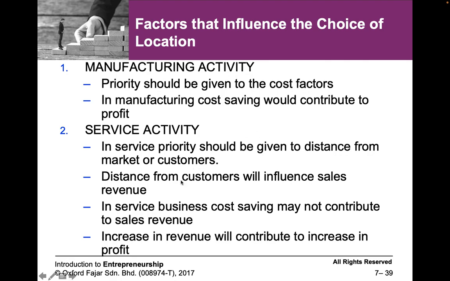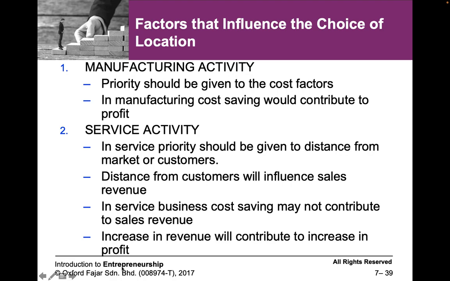Okay, so distance from the customer will influence sales revenue. In service business, cost saving may not contribute to sales revenue. Increase in revenue will contribute to increase in profit. So if the service company tries to search for a cheaper location, but very far from the customer, the customer will not come to the restaurant, for example, because it is very far.